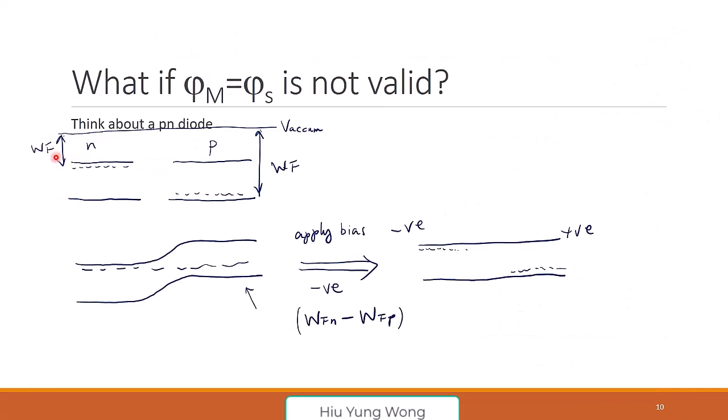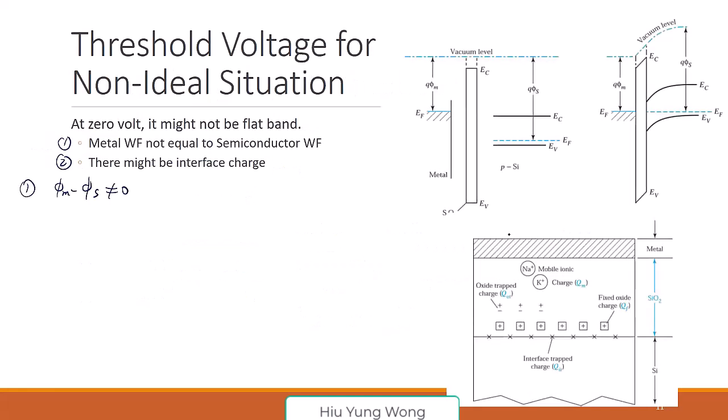Work function of n is not the same as work function of p. We apply a bias of work function of n minus work function of p, then they will be flat band. So the threshold voltage becomes work function of m minus work function of p plus the original definition, which is 2 phi s plus, I just call this Q depletion to save time.